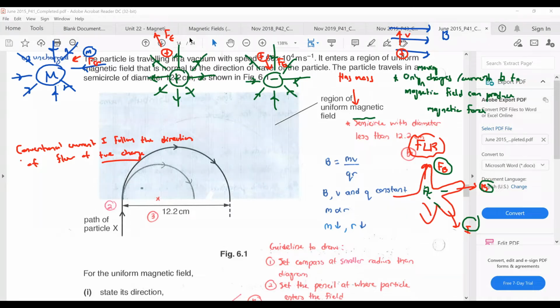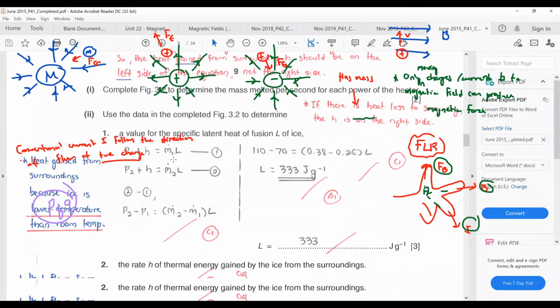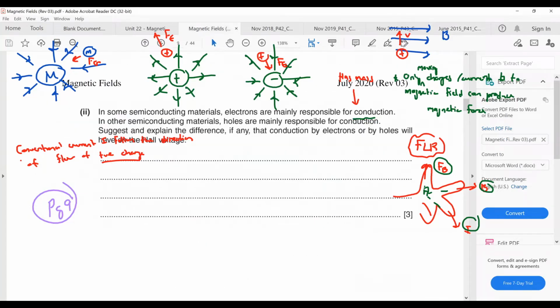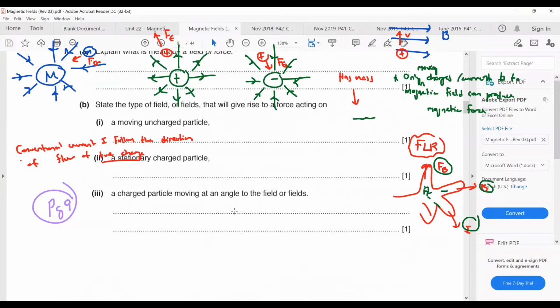Then after that, you can have a look at page 9 if you're okay with that. The last question I can probably go through with you is page 9. Okay, so have a look at page 9. Page 9, this one.